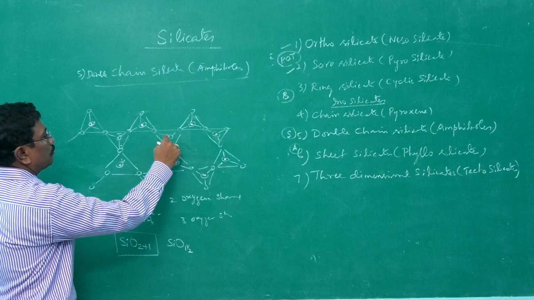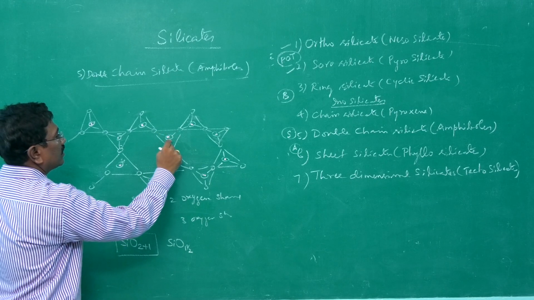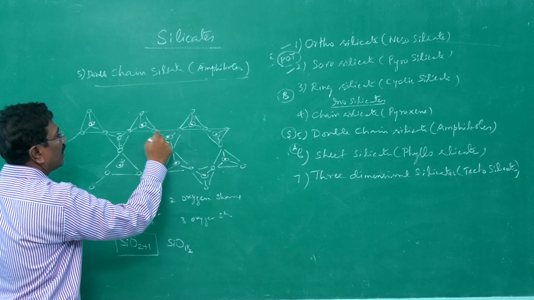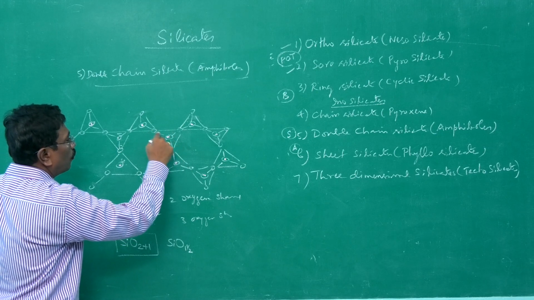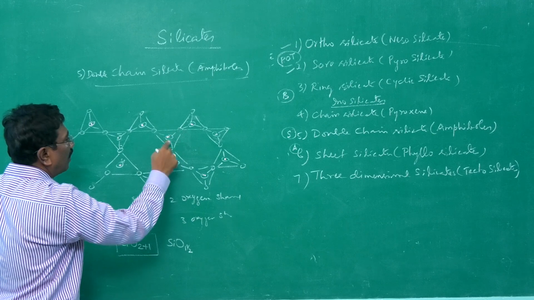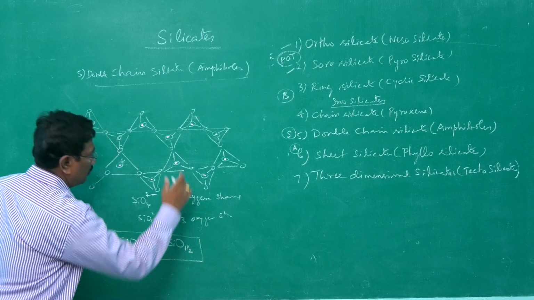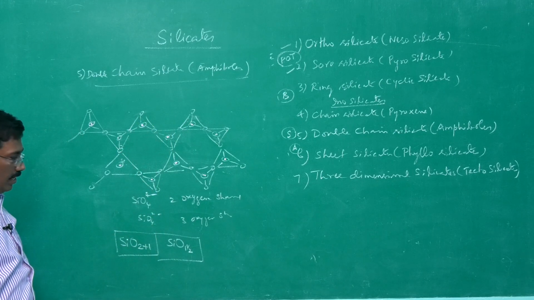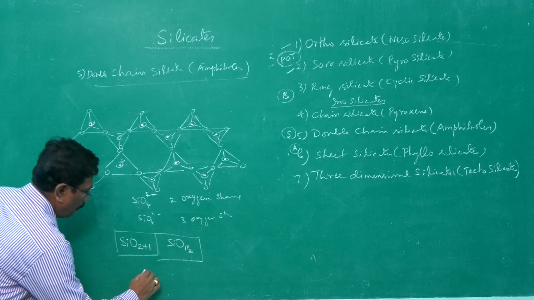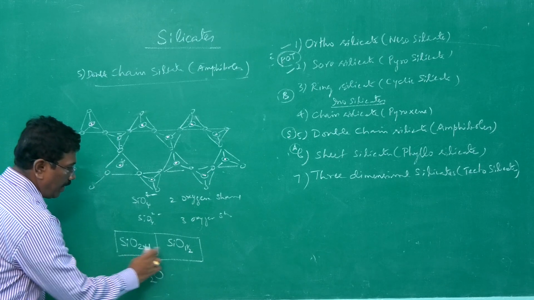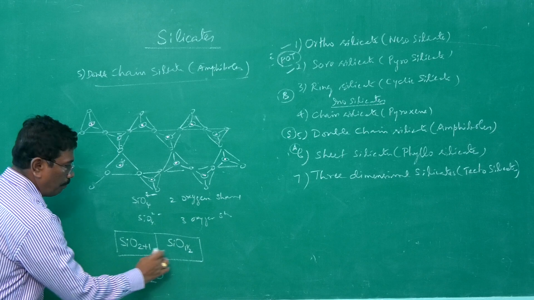If you consider this particular SiO4, this oxygen is exclusively for this silicon. Remaining 3 contribution to this SiO4 4 minus unit is only half, half, half, totally 1.5. So another one. I have taken these two. Alright. If I sum up Si2O 3 plus 1.5, 4.5.